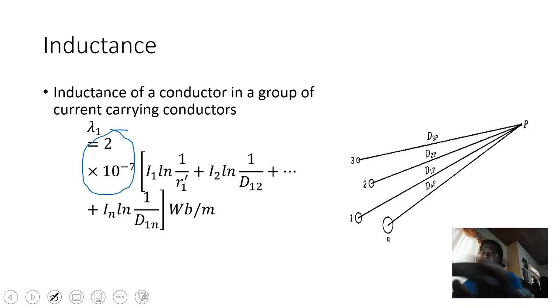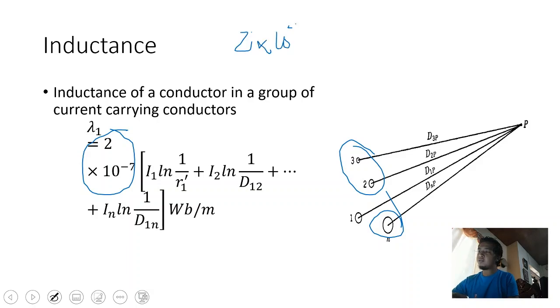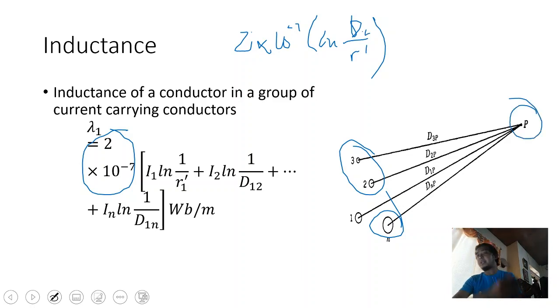Back when we were not yet considering these conductors, our formula for inductance was 2 times 10 to the negative 7 ln of d2 over r prime, where this d2 is a point in space that we called P that is very, very far away.